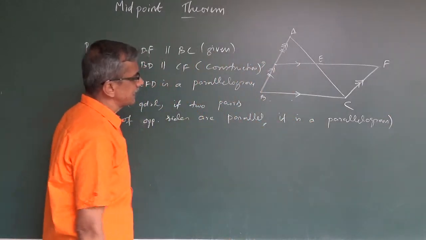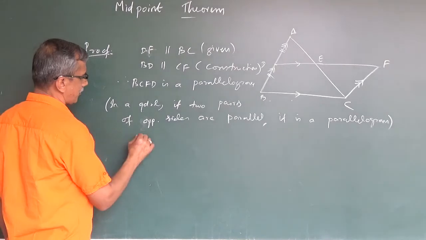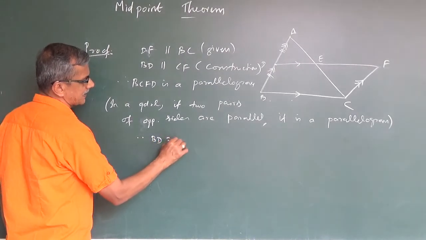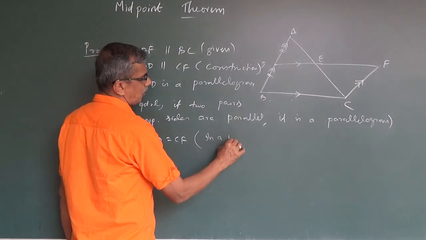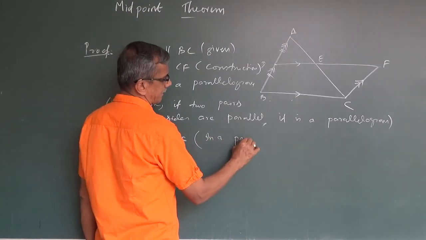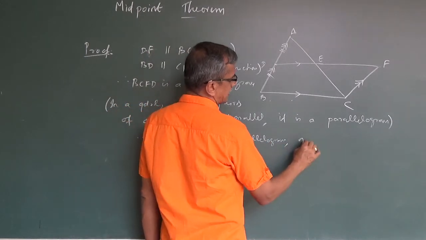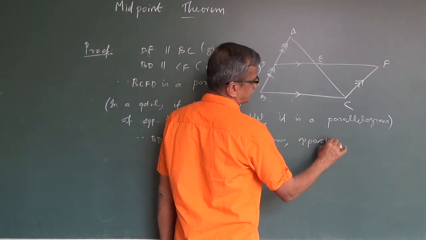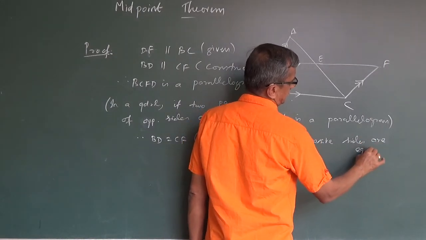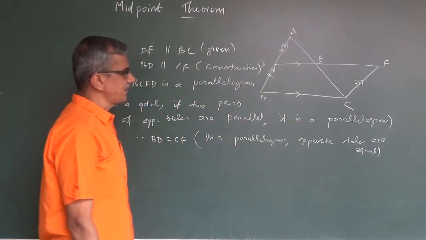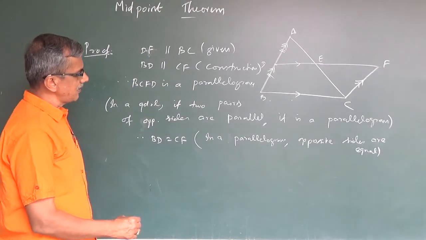Now, since it is a parallelogram, therefore what happens? BD and CF become equal. Therefore, BD is equal to CF, because in a parallelogram, opposite sides are equal. We have proved that BD and CF are equal. Now we will write the second part.